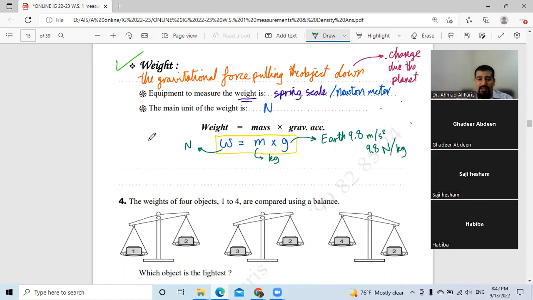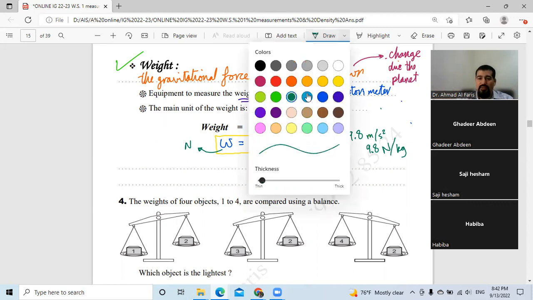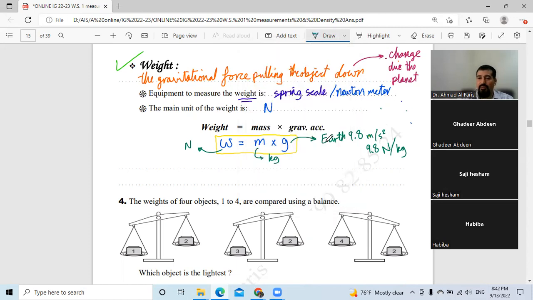So the weight of each 1 kilogram object is 9.8, or approximately 10. That means this weight changes due to what? Due to the position, the planet. Each planet has a different gravitational field strength.